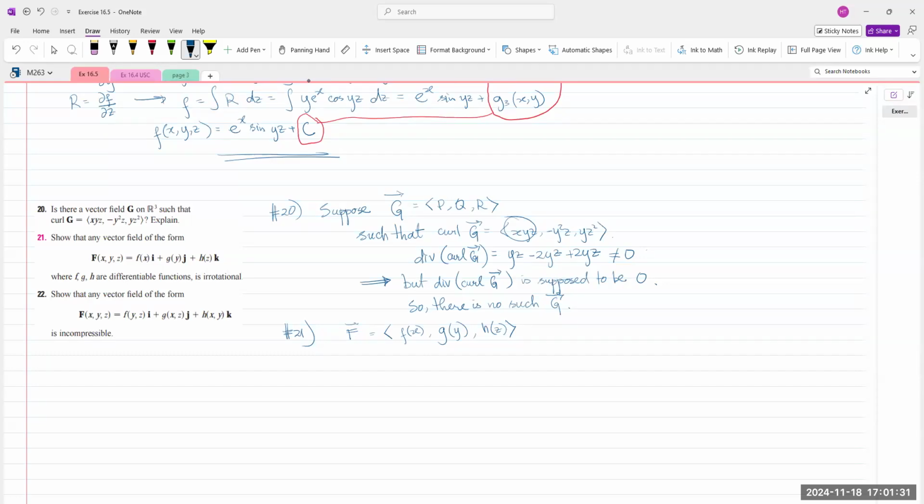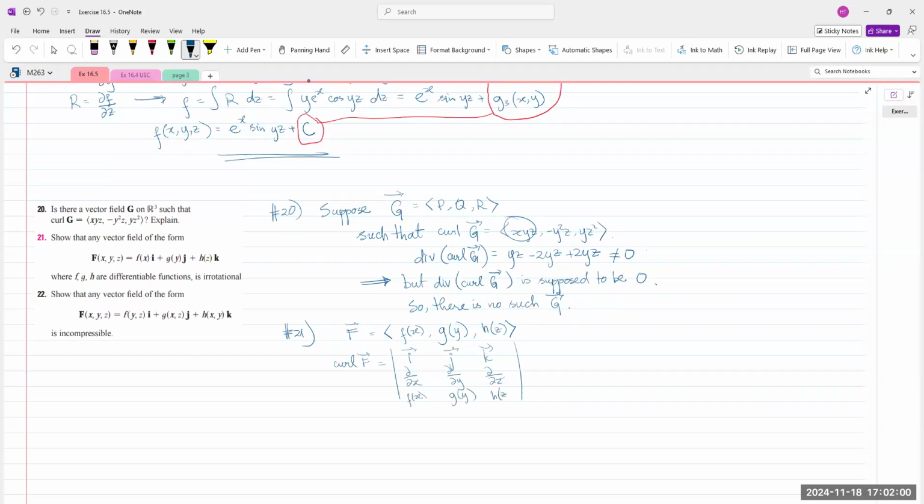If we have such a vector field, we need to show that the curl is 0. So i, j, k, del x, del y, del z of f(x), g(y), h(z).